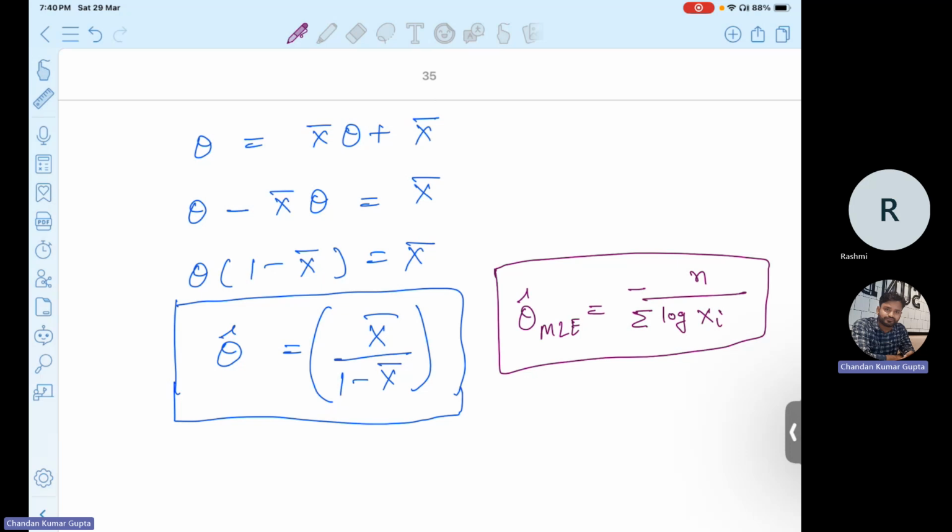These two methods give the estimate for the parameter, but have two different natures. We can solve for the variance of these estimators and check the efficiency, which performs better, which is the better estimate for the parameter theta. So these can be calculated here.